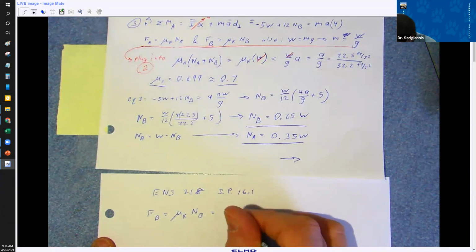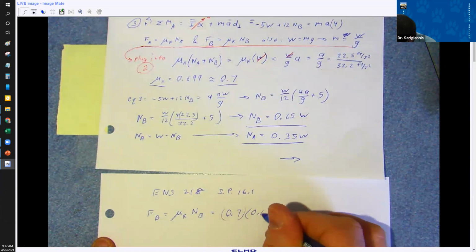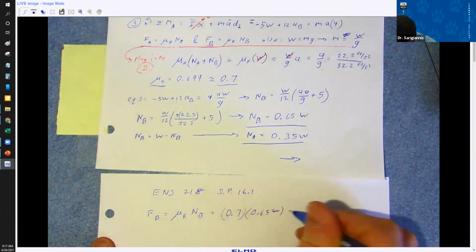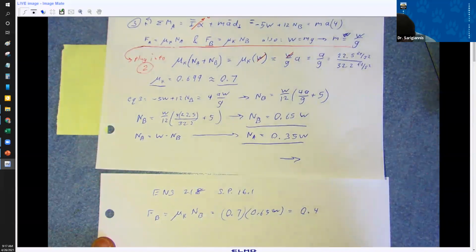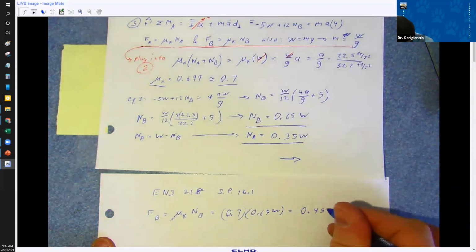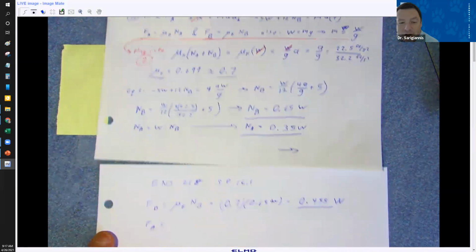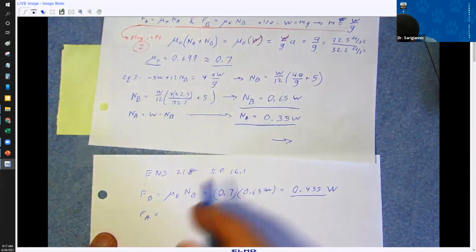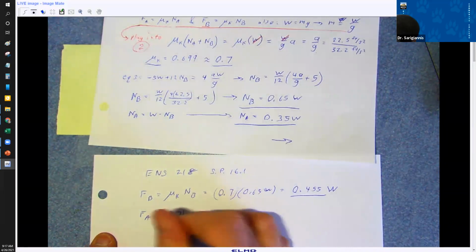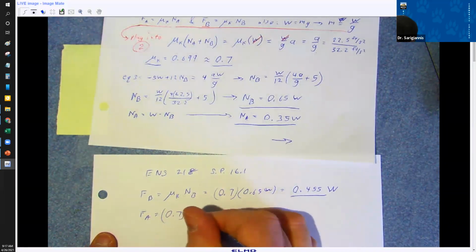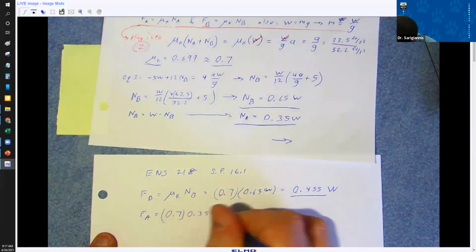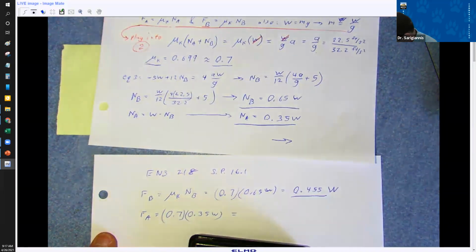So here we've got, I'll write the numbers in. Here's my mu. There it is. 0.455. And then the frictional force at A is just the same thing, right? Mu K times the normal force at A, which is 0.35 W, 0.35 times 0.7.